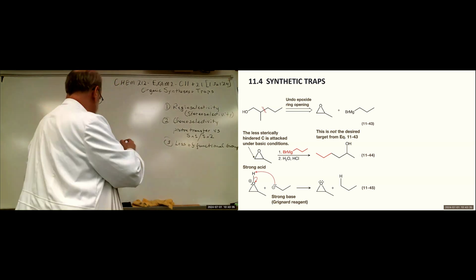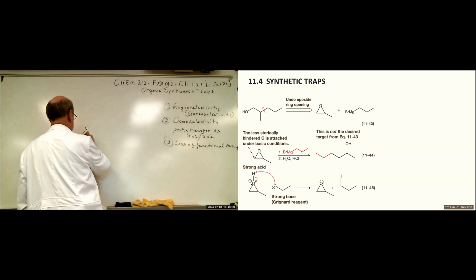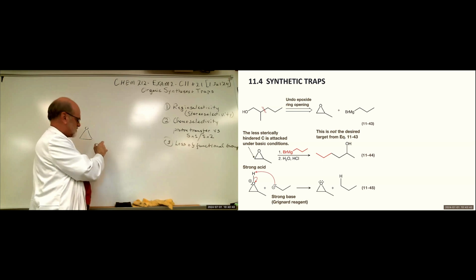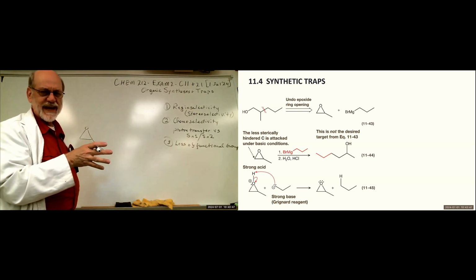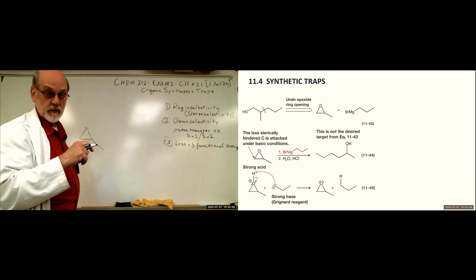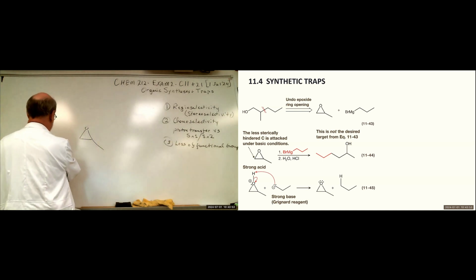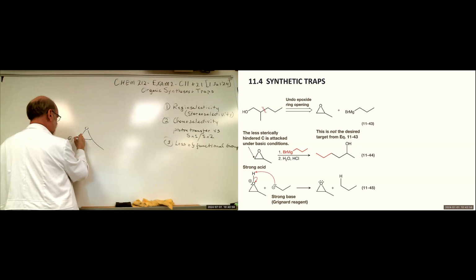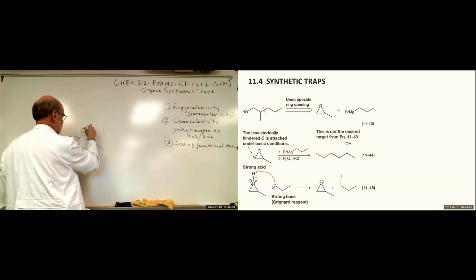Is that obvious? We have this, this, and then that. So when the Grignard attacks with its propyl group, and this is negative, this is going to attack that carbon, and then this is going to open that one up.